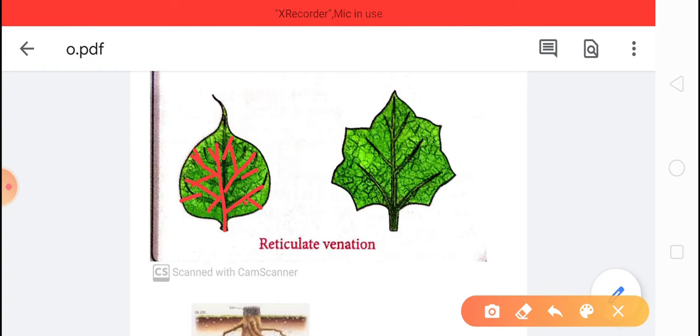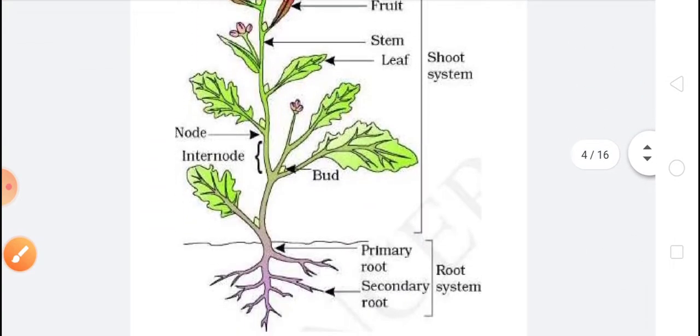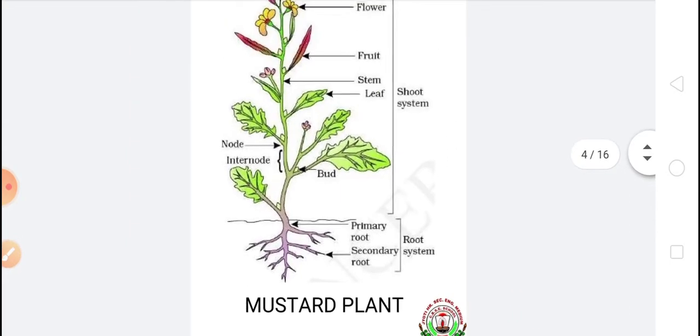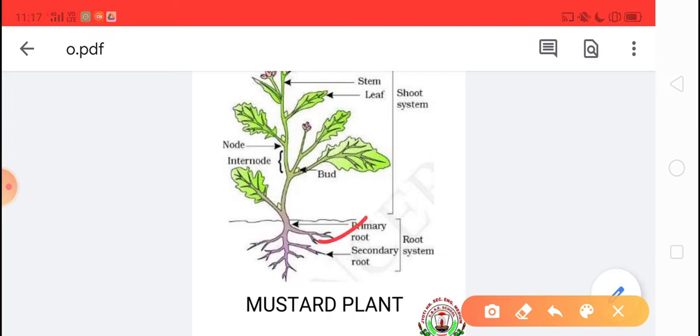The veins form a net-like pattern. Okay, example of reticulate venation is mustard plant. You can see mustard plant have taproot system, and therefore reticulate venation is present in their leaves.